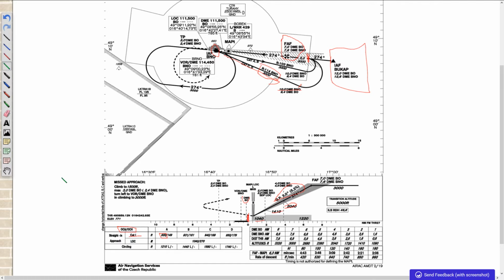Stand by. So it is 200 feet minimum decision altitude; you should be at least 200 feet above the ground level. According to this procedure you can go down to 149, but ILS category 1 has the 200 minimum.